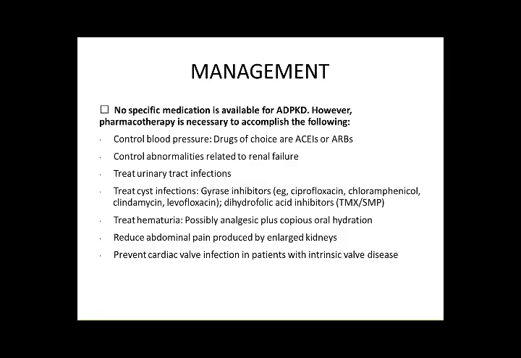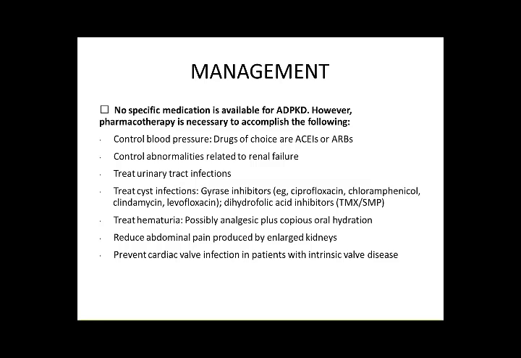complications, or if the patient develops renal failure, we can treat the renal failure. Or if the patient has complications such as hypertension or chronic kidney disease, aneurysm or hematuria, UTIs, pyelonephritis, we can treat these complications.